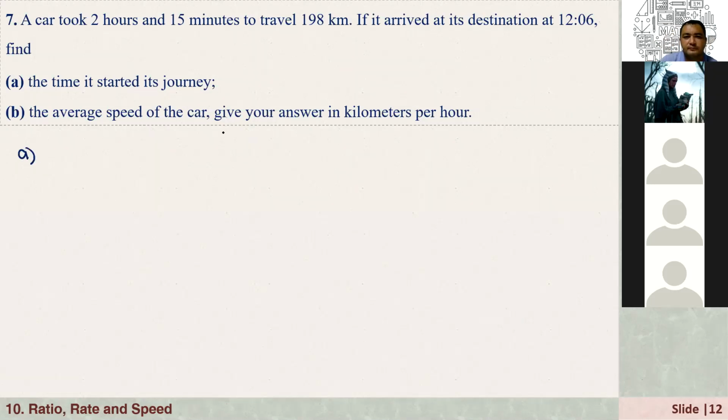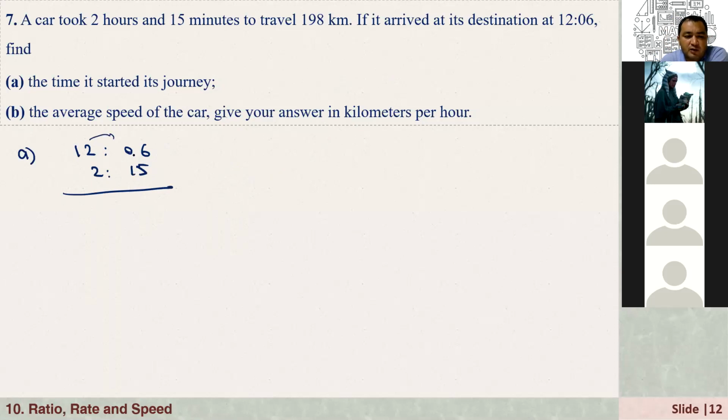Me too. So it says that a car took 2 hours and 15 minutes to travel 198 kilometers. If it arrived at its destination at 12:06, find the time it started its journey, right? So arrival time is 12:06. It took 2 hours and 15 minutes. So 06 is less than 15 minutes.